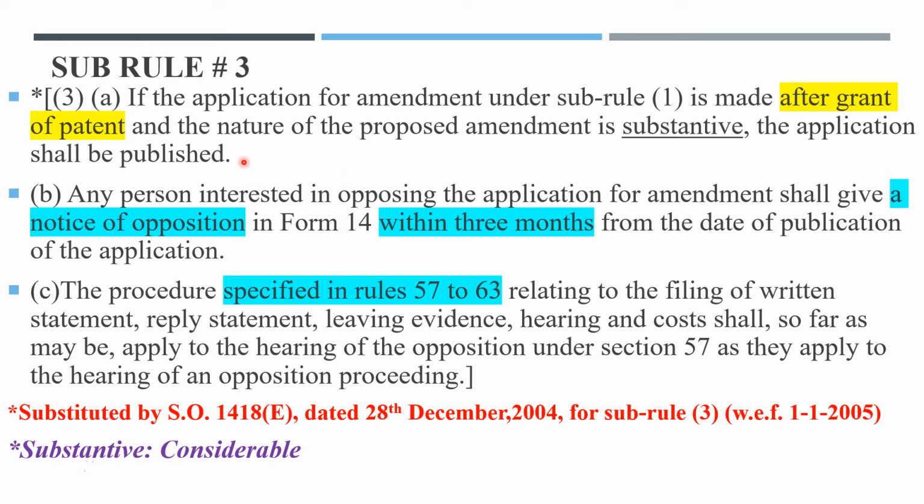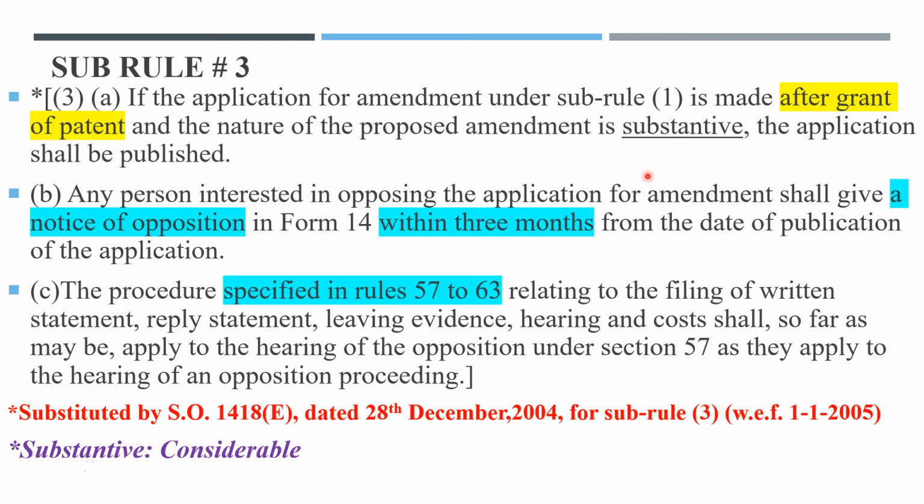Okay, so clause A says if the application for amendment under subrule 1, that we have discussed, right, is made after grant of patent. The situation is after grant of patent. Okay, and the nature of the proposed amendment is substantive. Okay, the nature of the proposed amendment is a substantive one. Okay, the application shall then be published. Fine, this is one case.